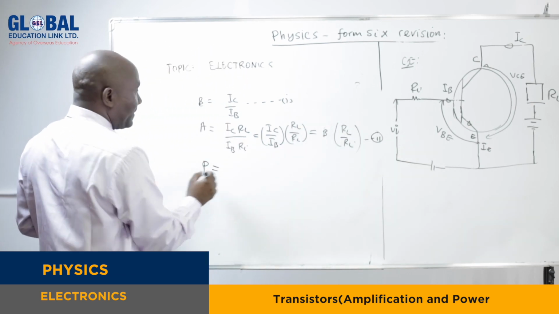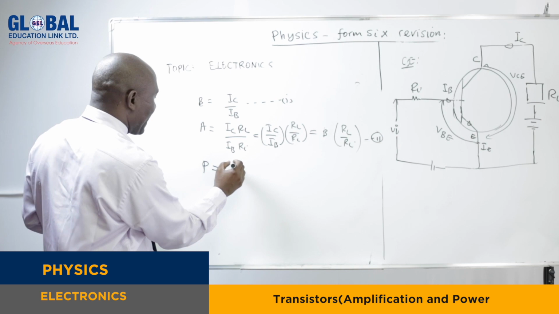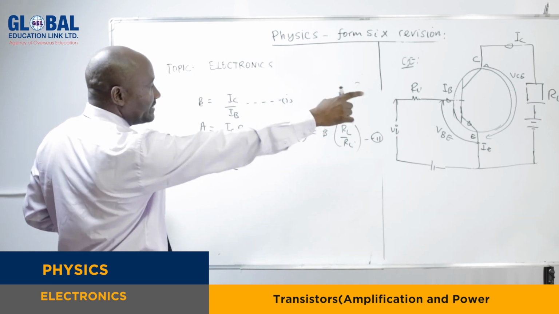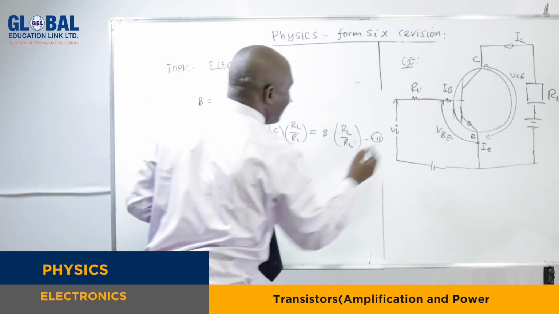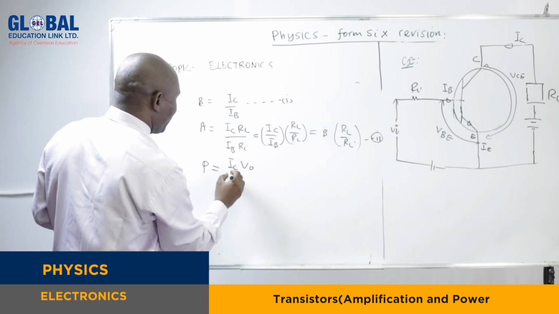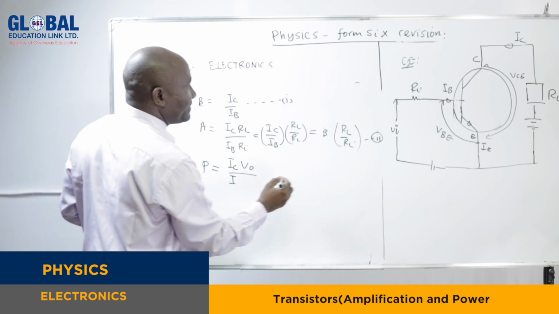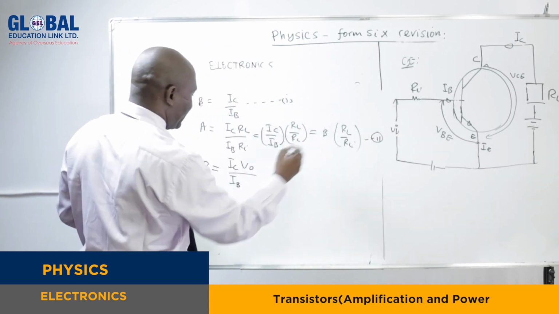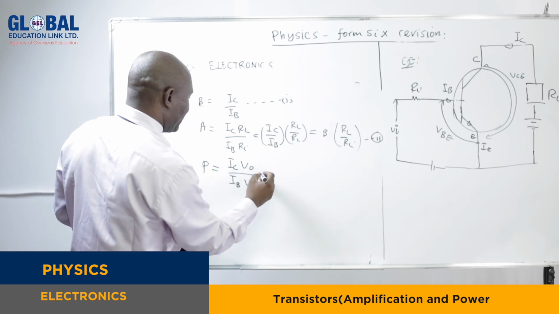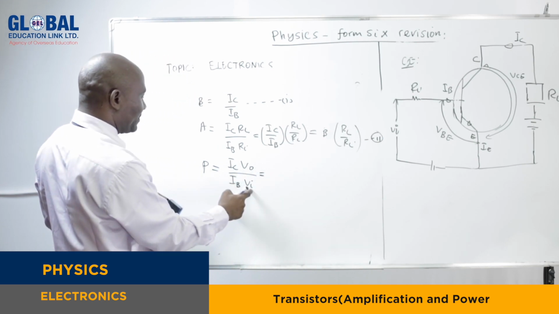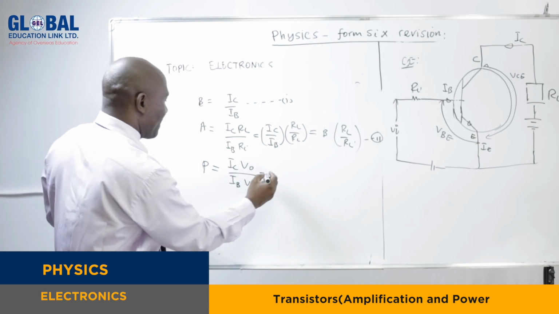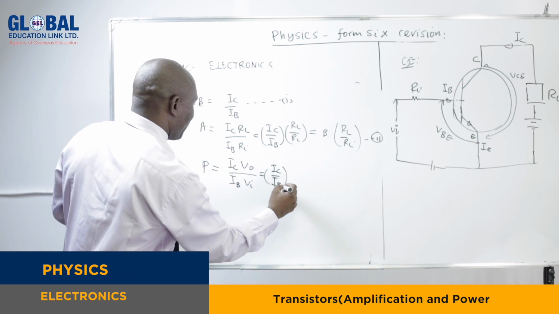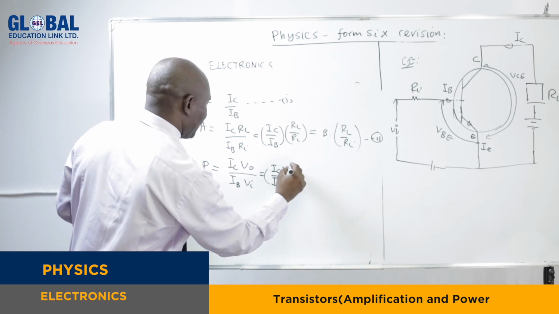You can find the power gain as the output power over input power. So of course we talk of the current, which is IC, times the output voltage, over the input current, which is the base current IB, times the input voltage VI. This gives us the output power over input power, and we make arrangement to have IC over IB times VO over VI.